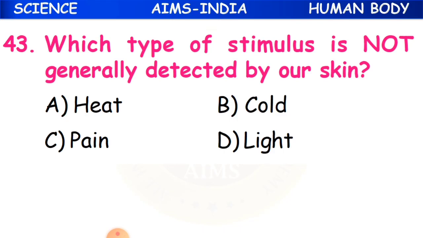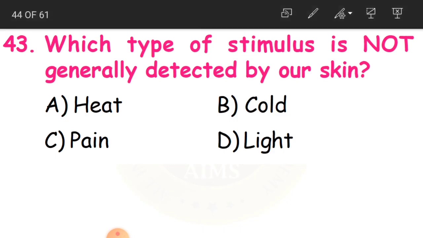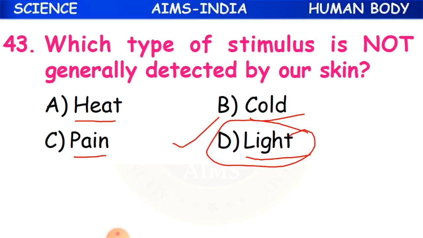Suppose you touch any hot substance, you feel it, children? Yes. The skin feels the heat, the skin feels the cold, the skin feels the pain, but the skin is not affected by light. So it is not detected by our skin, that is the light. So D is the correct answer.